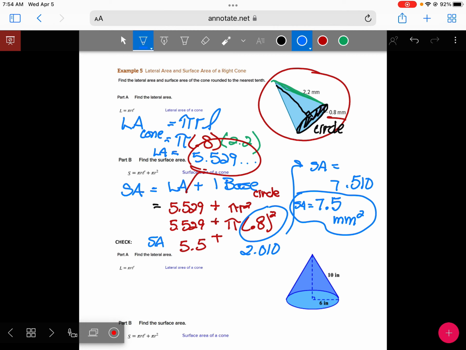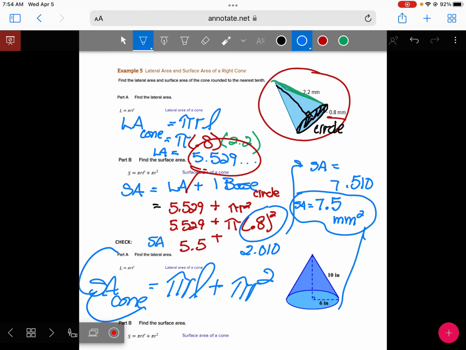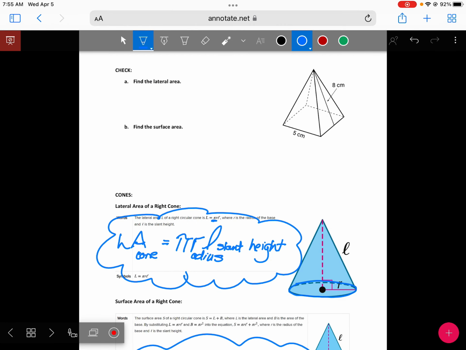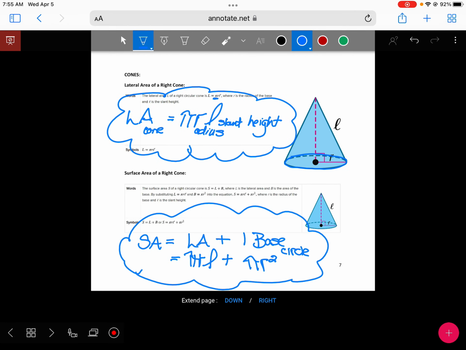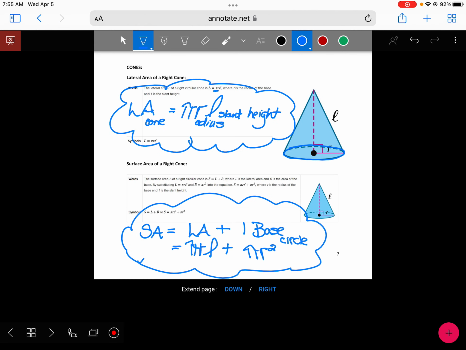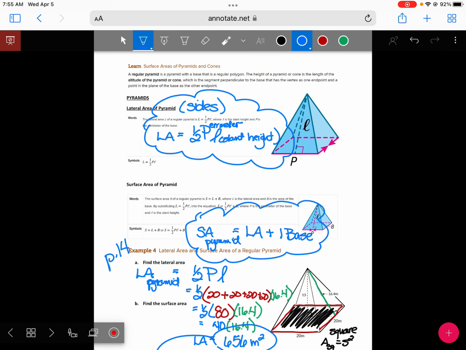Surface area of a cone is going to be pi RL plus pi r squared. And going back one more, surface area of a pyramid.